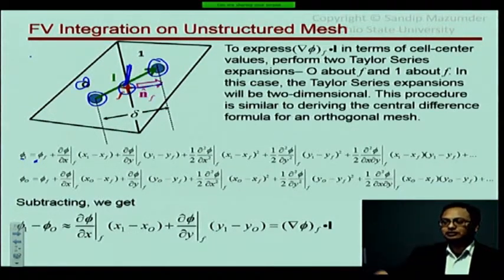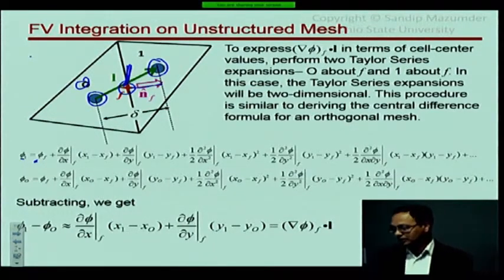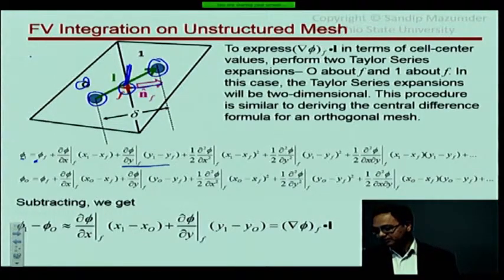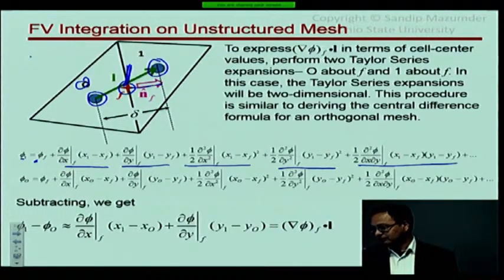Here you have a two-dimensional expansion. These are the first two linear terms, then you have the second derivatives, and then you start getting cross derivatives too. Same thing for phi naught. We subtract one from the other, we get this.